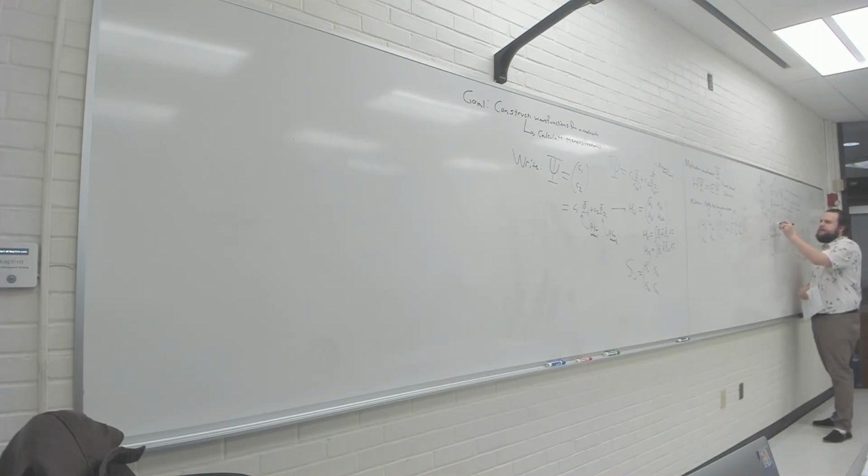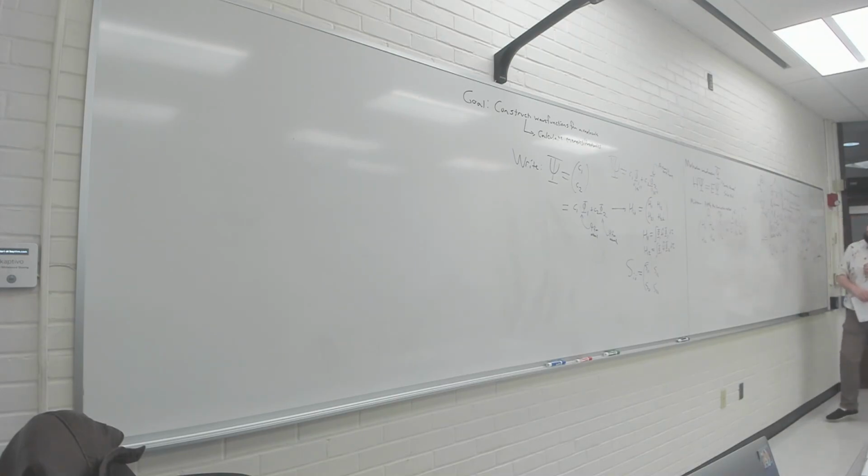So this integral is the energy of the 1s orbital. This one, of course, is the same, because it's just located at a different position, but it's still the 1s state.